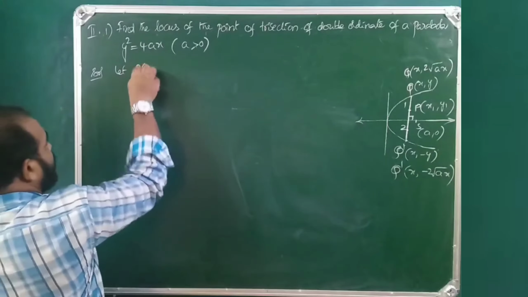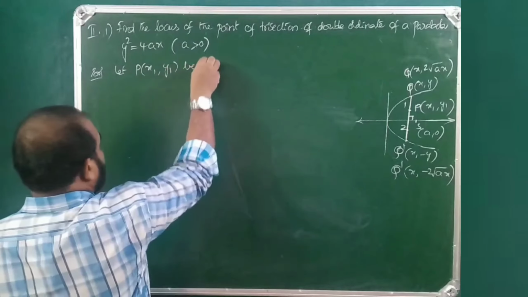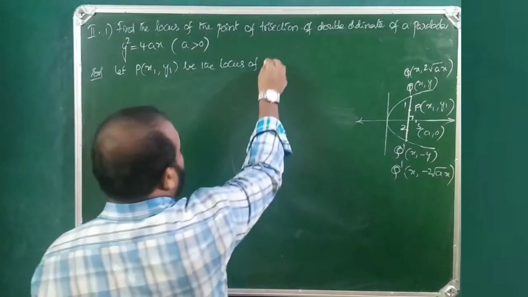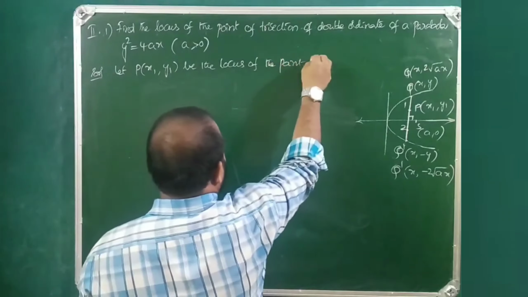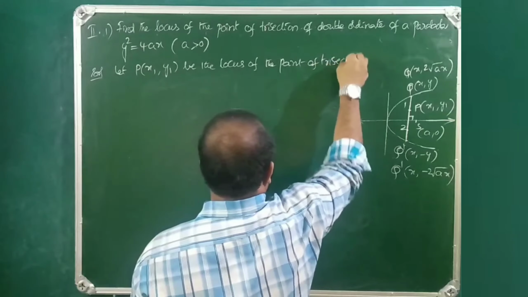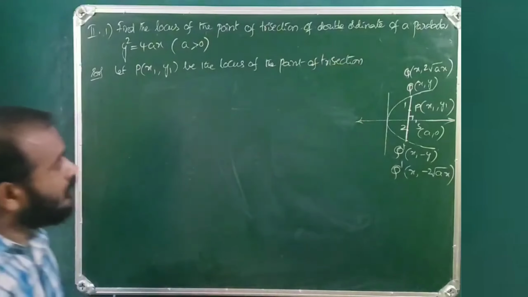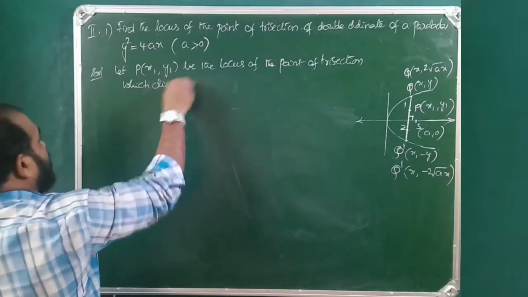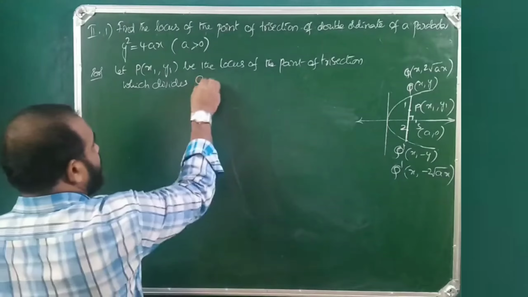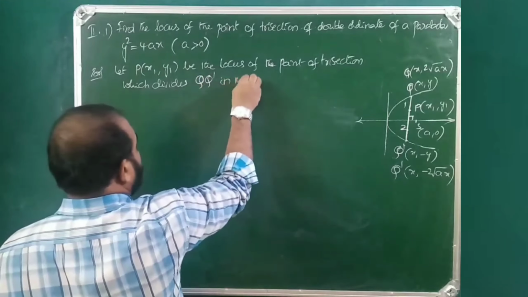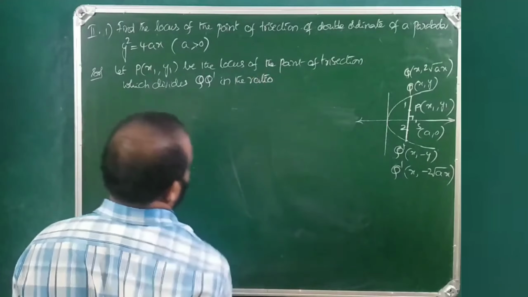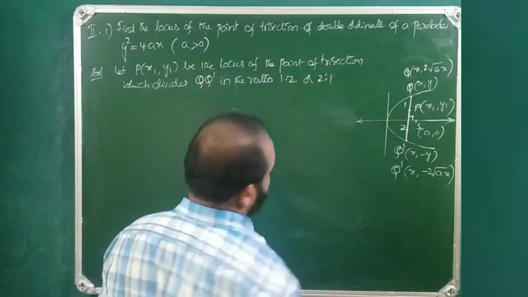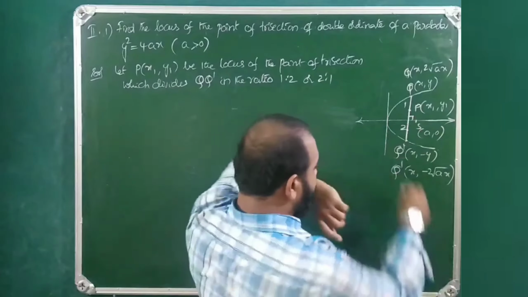Let P (x1, y1) be the locus of the point of trisection, which divides Q dash in the ratio 1:2 or 2:1.